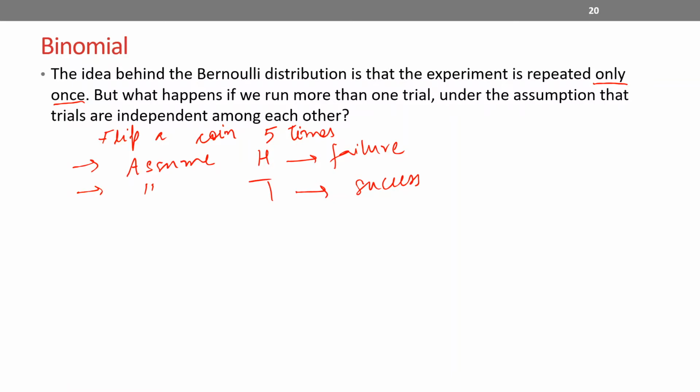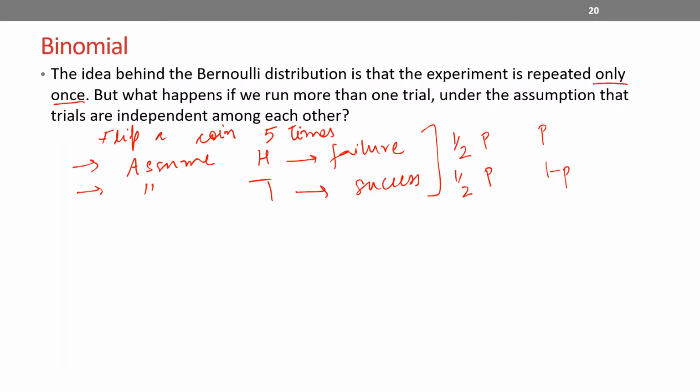And each trial has a total probability of 1. So there are half chances of success, half chances of failure. This is a fair coin, right? So 1/2 probability of failure and 1/2 probability of success. And this goes back to the definition of Bernoulli, when I said the probability of one of the outcomes is p and the probability of the other outcome is 1 minus p because there are only two of them, right?